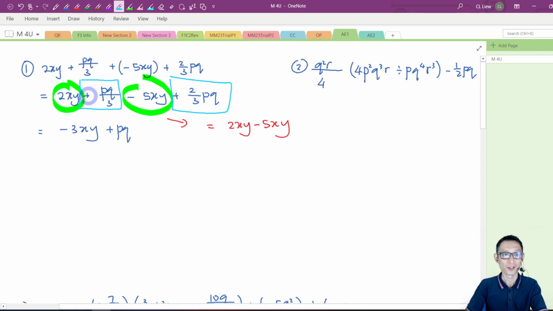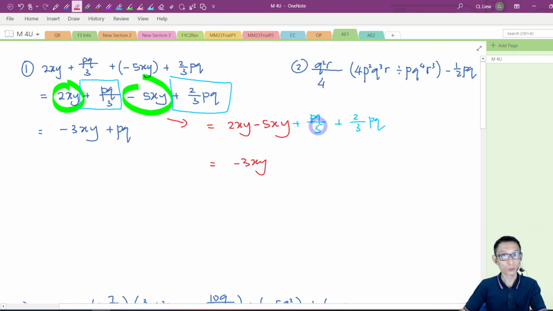I include the sign in front of the terms. So what I need to do next is just copy plus pq over 3 plus 2 over 3 pq. Now 2xy minus 5xy is equal to negative 3xy.